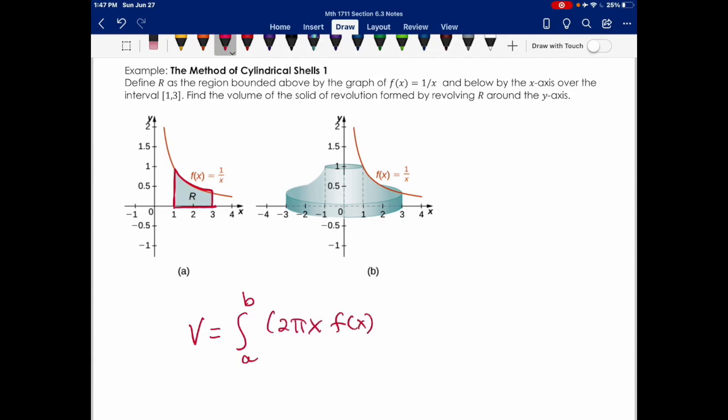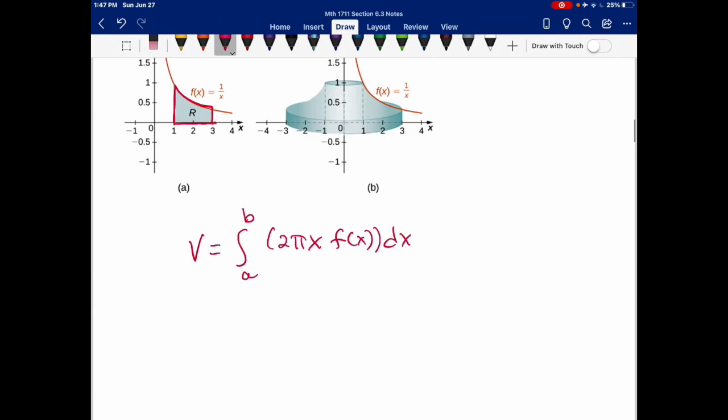So to set this up, I'm going to find the volume by integrating on the interval from a to b, 2 pi x f of x dx. So we're going to plug in our interval as from 1 to 3.